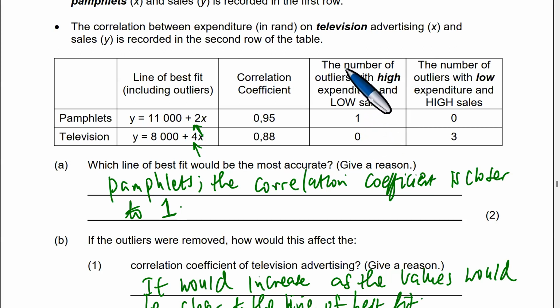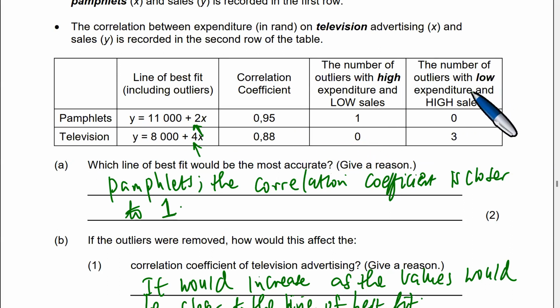Because you see that there is the number of the outliers with high expenditure and low sales. For the pamphlet it is 1 with high expenditure and low sales, but for television it is 0.